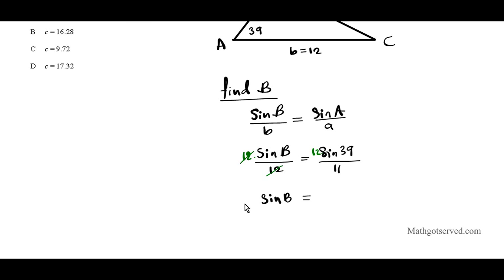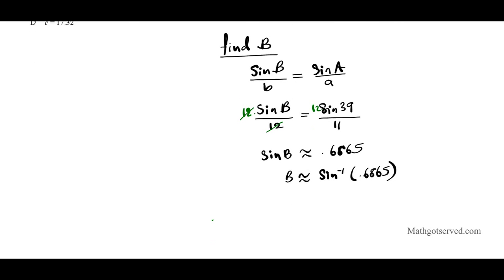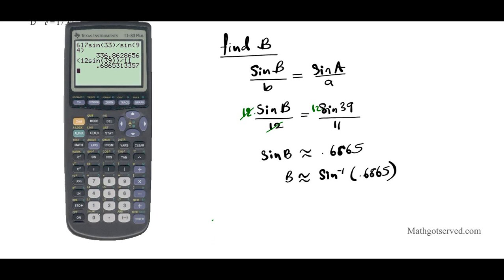So sine B is going to be an approximate value, so let's use the right inequality symbol. So sine B is approximately 0.6865. So to get B by itself, we just simply take the inverse sine of both sides. So we have the inverse sine of 0.6865.